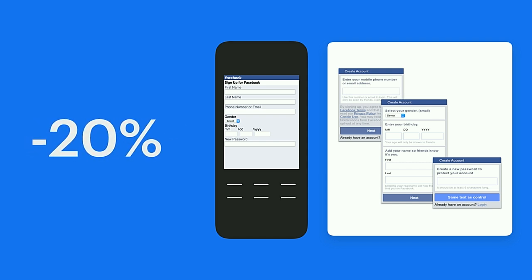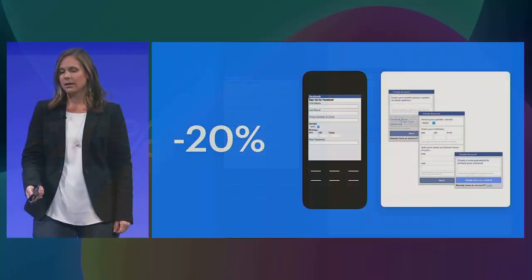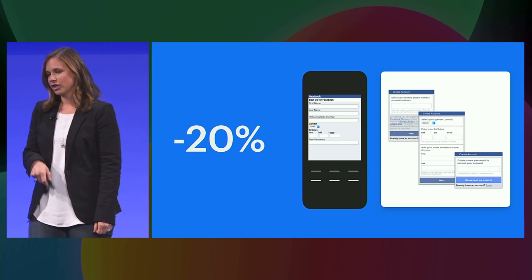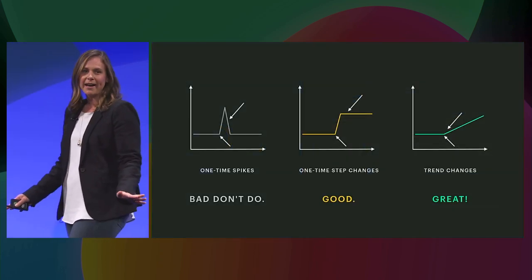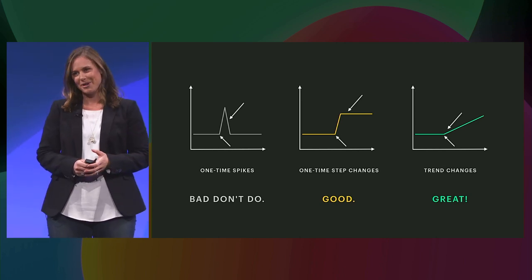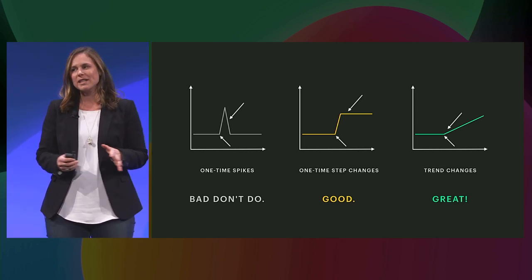This decreased registration by 20%, and you may ask why. It's because every page load in a market where there's low connectivity, you're going to have some drop off. And so because this page is for those types of markets, it had a huge drop off in registration, so we reverted.